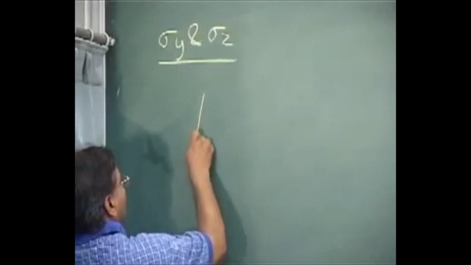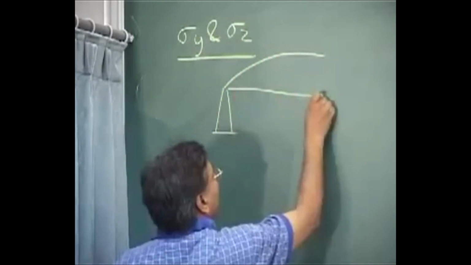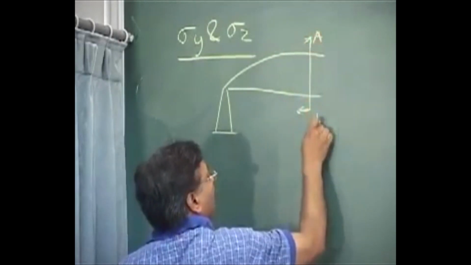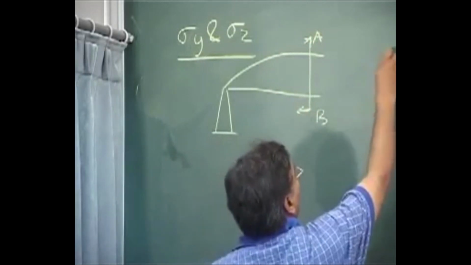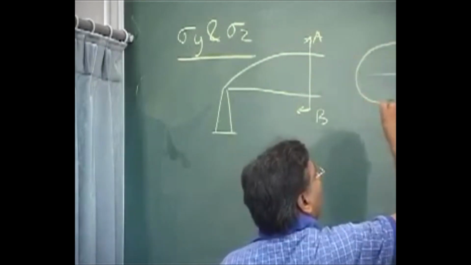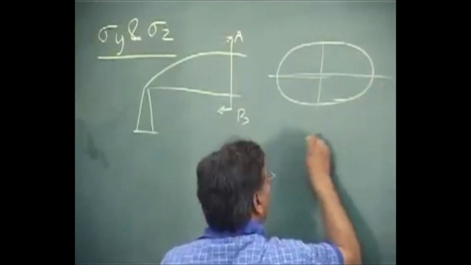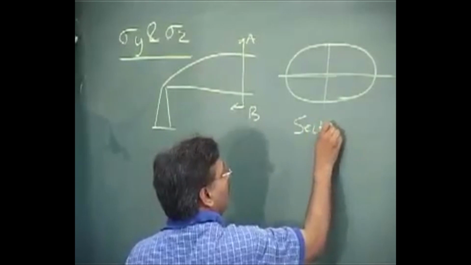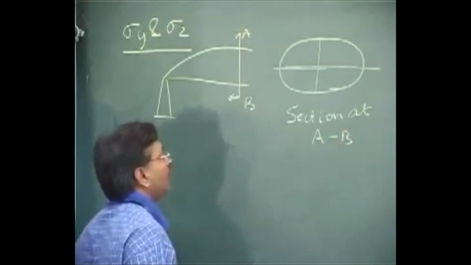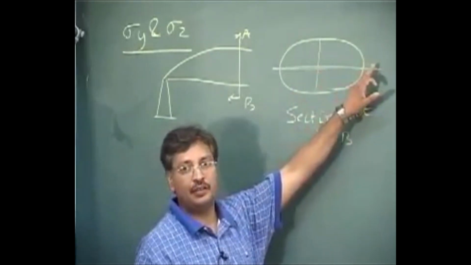Again, let me draw a picture of your chimney. I take the section at AB, and if you see the section, what direction is this one?